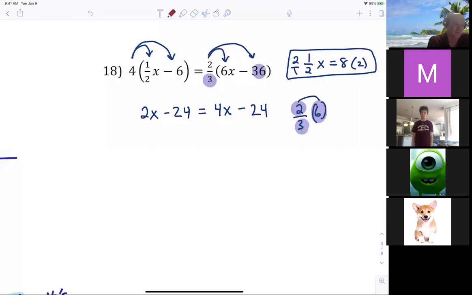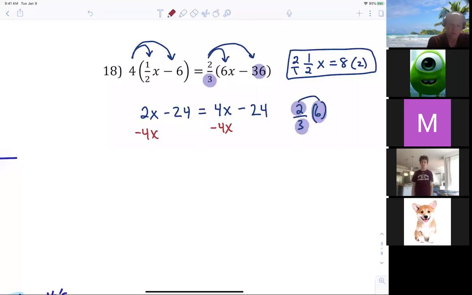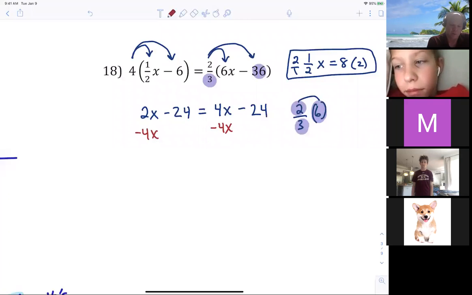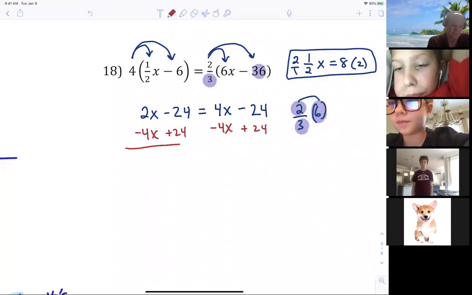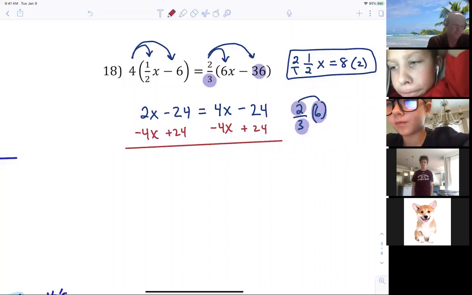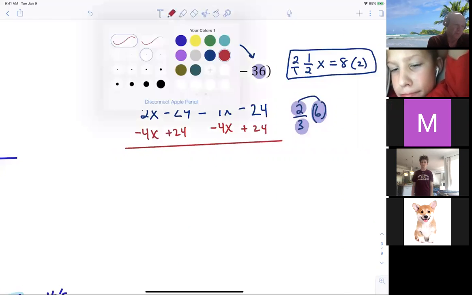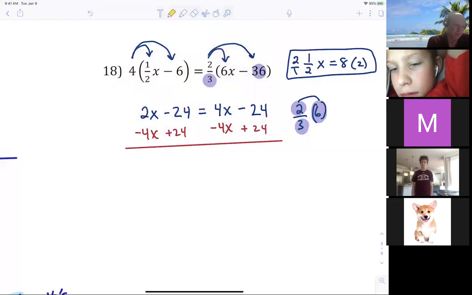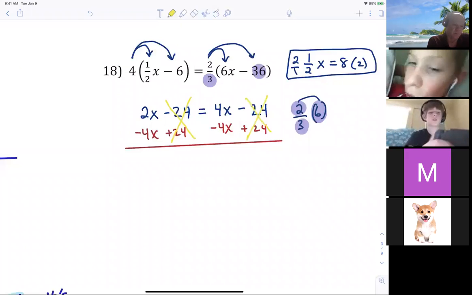So now we're back to moving variables to the left. So I'm going to move the 4x and put minus 4x. And then I'm going to add 24 and add 24. Again, the reason we're doing that is because, right?